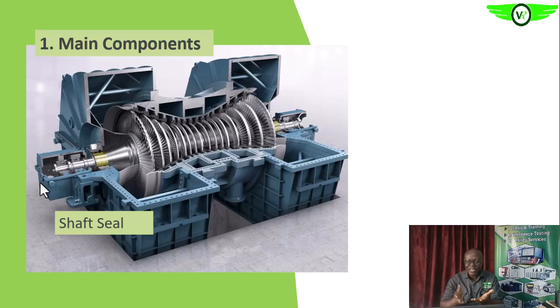At the point where the shaft protrudes out of the turbine, you see that there must be some clearance around the bearing. And since we are having steam of higher pressure than that of the surrounding atmosphere, the tendency of that steam, being of higher pressure, to force itself through those clearances or openings around the rotor shaft is there.